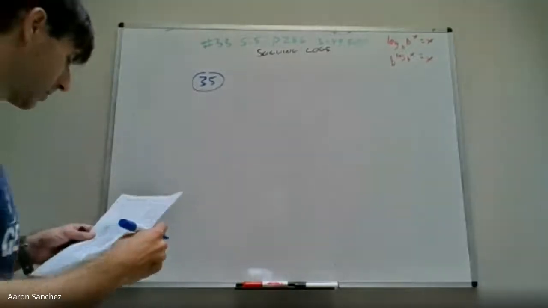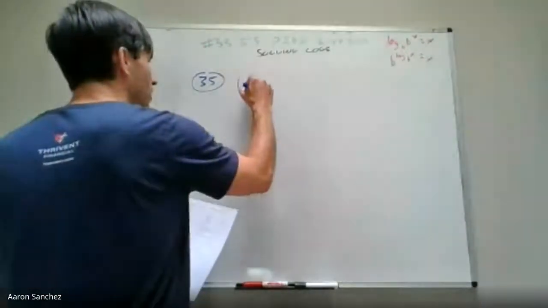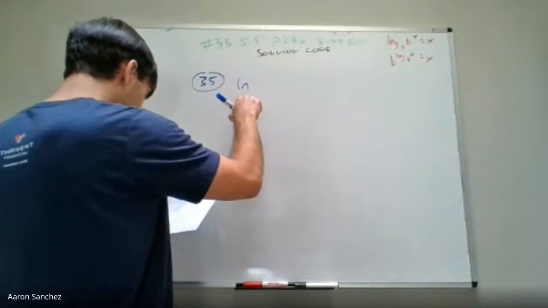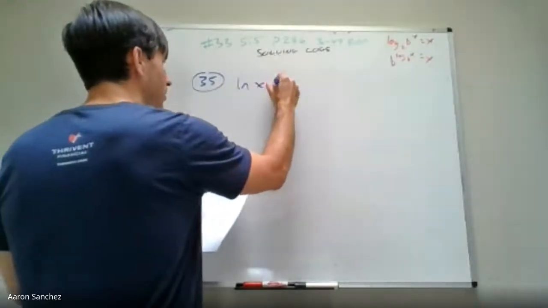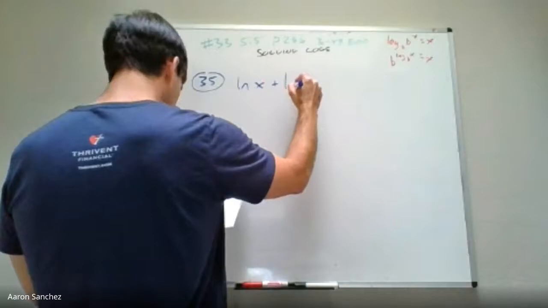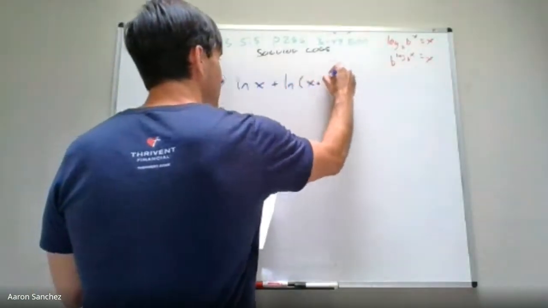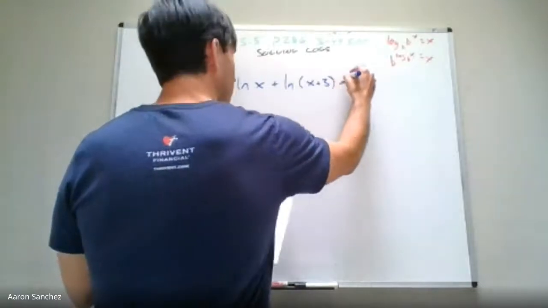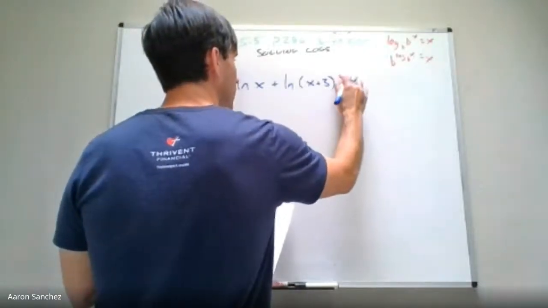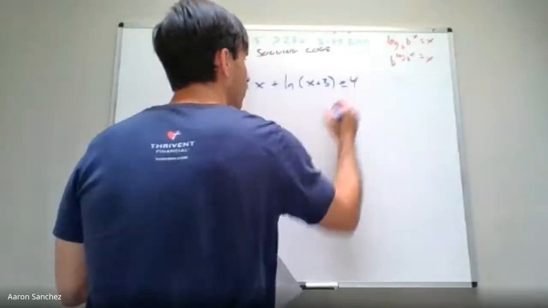Okay, so natural log is just log base e. That's all it is. Natural log of x plus natural log of x plus 3 equals 4.